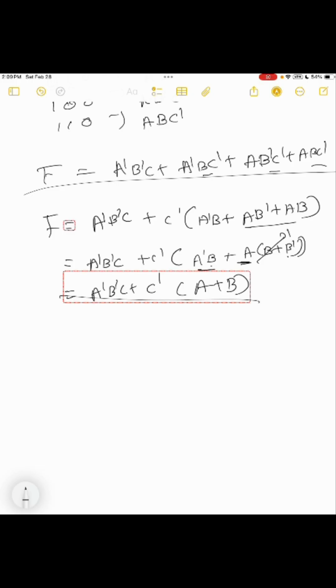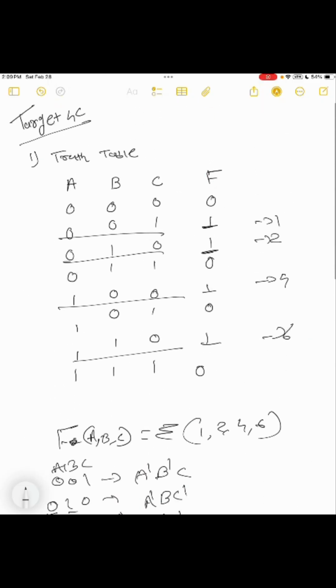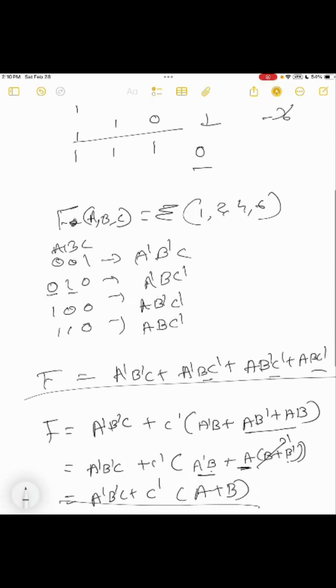POS stands for product of sums. That means the expression is an AND of sum terms. Canonical POS means we write a maxterm for every row where f equals 0, and each maxterm includes all variables A, B and C. For the truth table, f equals 0 at the 0th row, 3rd row, 5th row and 7th row.